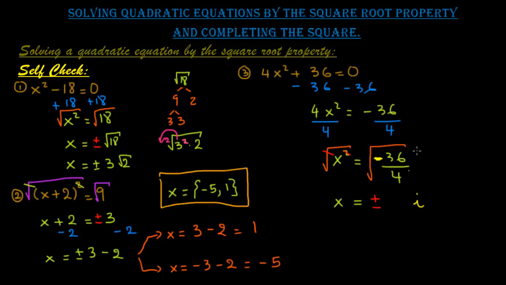The square root of 36 is 6, and the square root of 4 is 2. So 6 divided by 2 is 3, giving plus and minus 3i. And that's the final answer for problem 3.